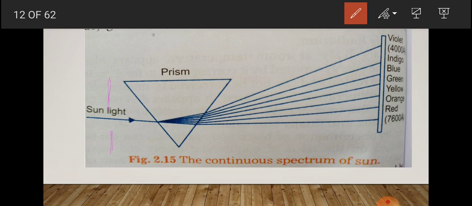When white light from any source, though we are taking the sunlight, any source of light, is passed through a prism, it splits into 7 colors. These 7 colors are so continuous that one color merges into the next. For example, violet merges into blue, blue into green, and so on. And this is called continuous spectra.